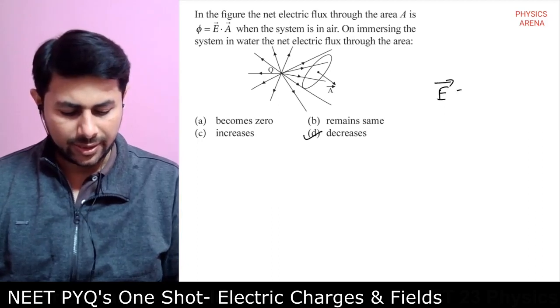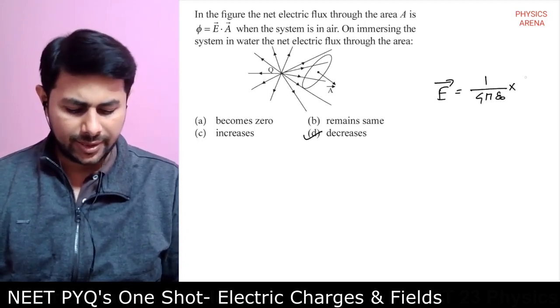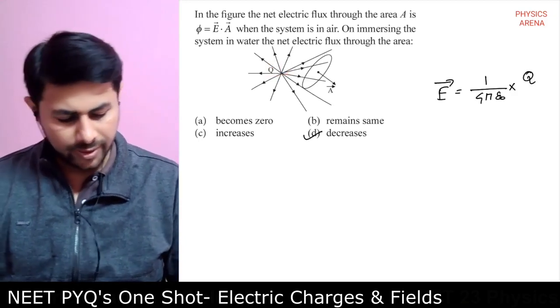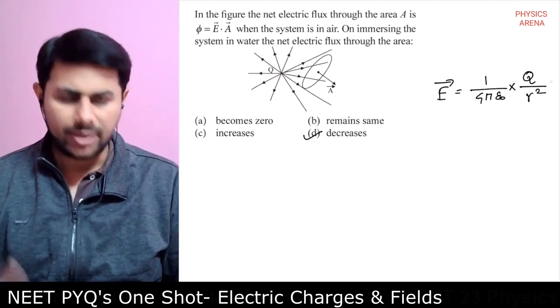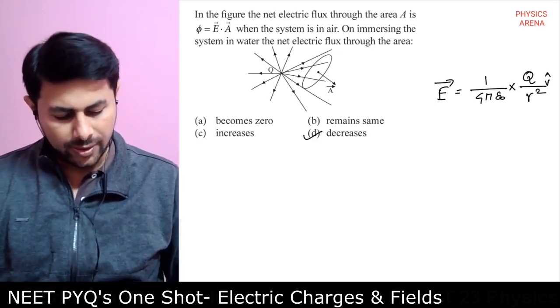E bar in air is 1 upon 4 pi epsilon naught multiplied by Q upon r square multiplied by some unit vector r cap, if there is one charge.